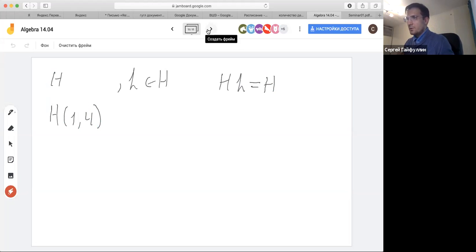So we have an element sigma from here, and let us think about sigma multiplied by this one. This is some delta.